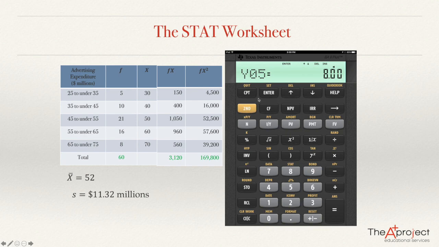Okay, as I told you, we press the second function key and then STAT when we're going to see the answer. So press second function, STAT. If you set up your calculator for working with one variable, then the screen of your calculator will be showing you this 1V.